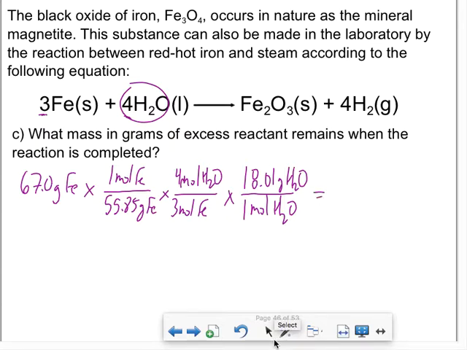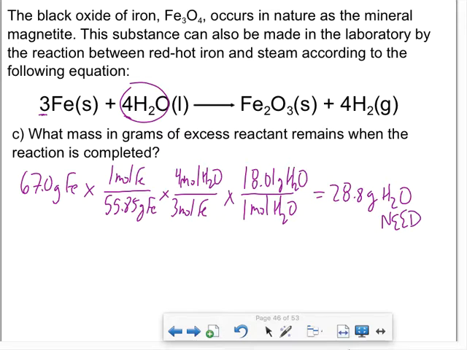I can punch this in my calculator: 67 divided by 55.85 times 4 divided by 3 times 18.01 gives me 28.8 grams of H2O. This is what I need for this reaction.